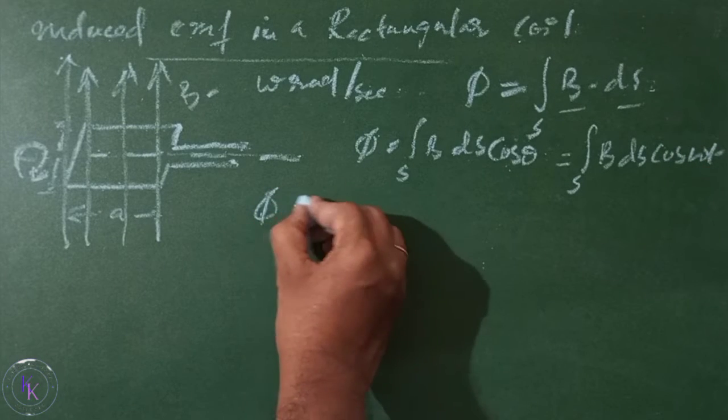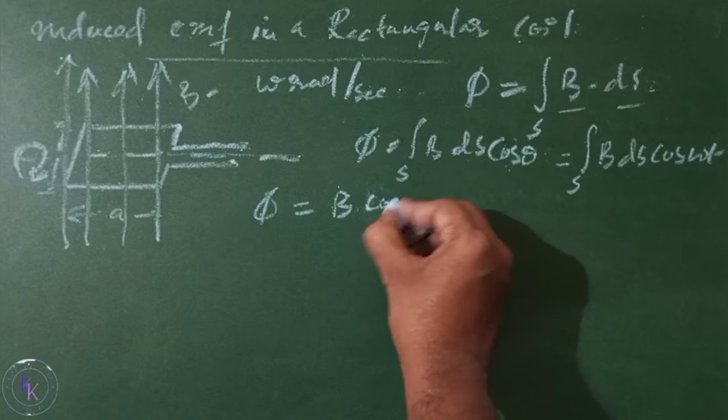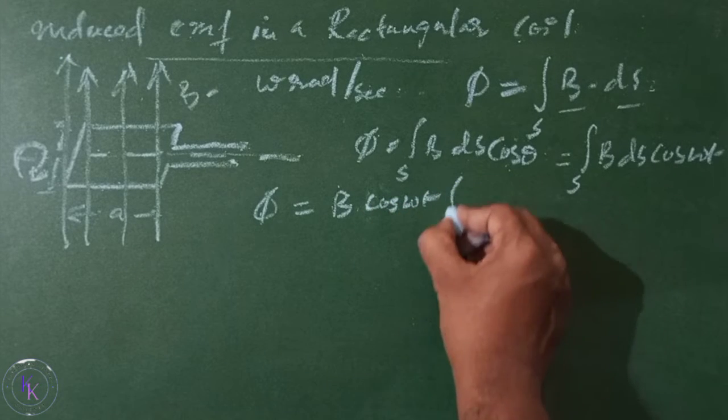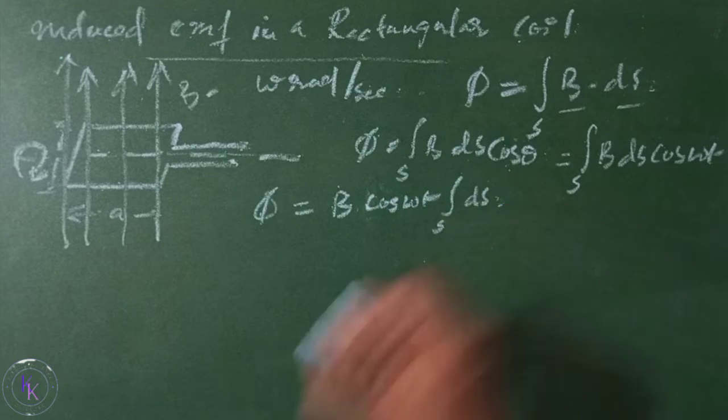So phi equals B cos omega t times the surface integral of ds.